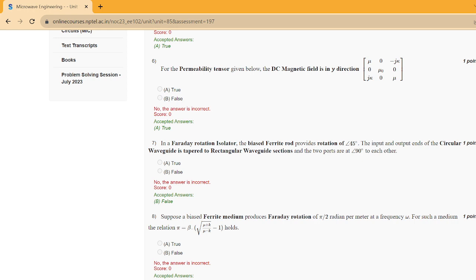That's why the answer should be false. Yeah, I am looking at that question. But the solution is true. The Faraday rotation is plus pi by 2.